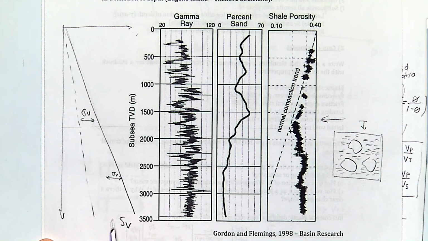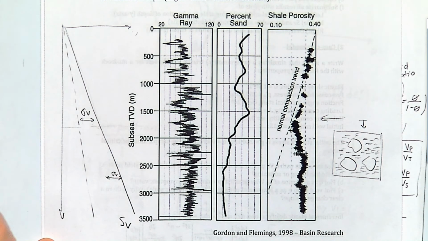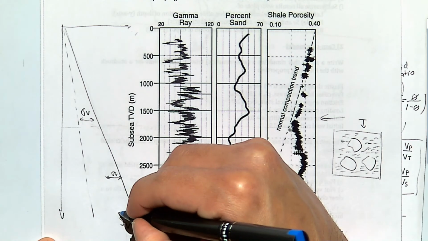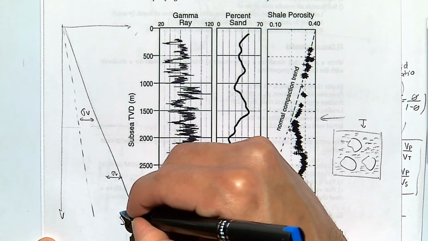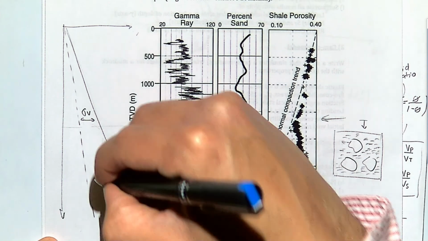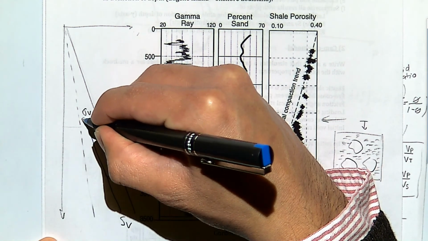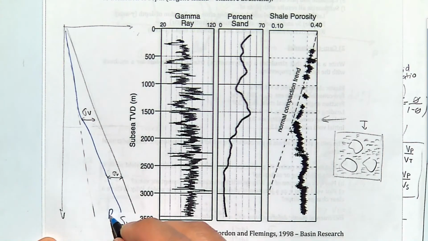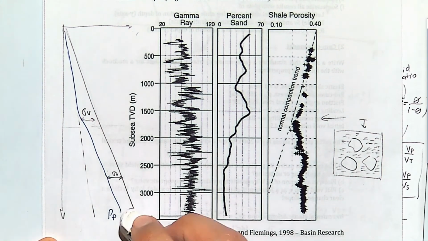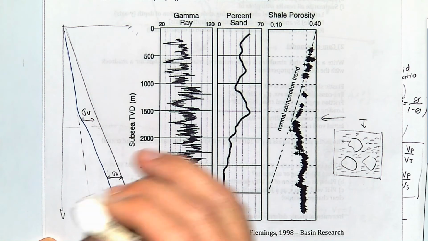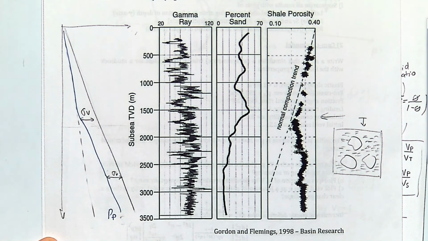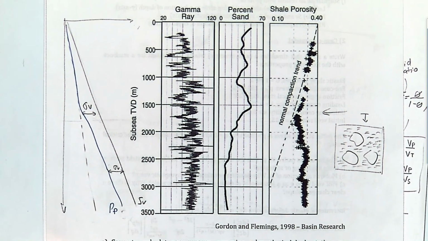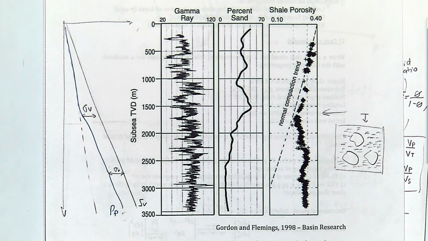And if this is the effective stress, then we have no other option than to assume that pore pressure might actually look something like this, where this is the pore pressure and this is the vertical stress, total vertical stress.